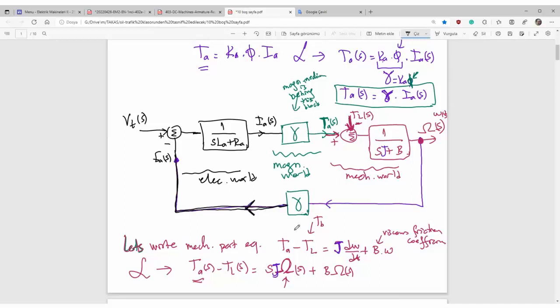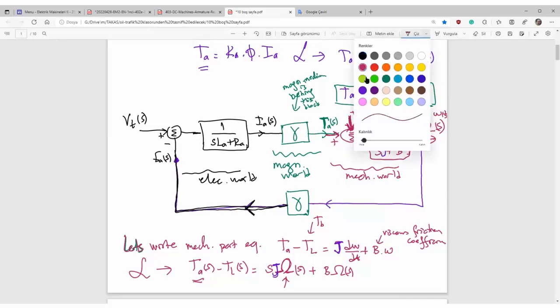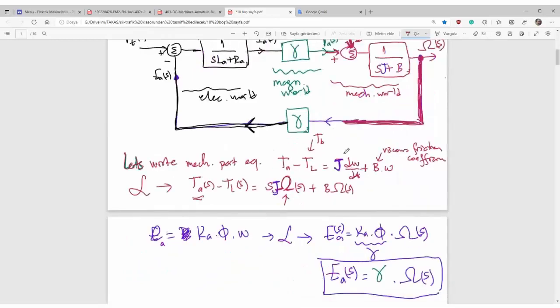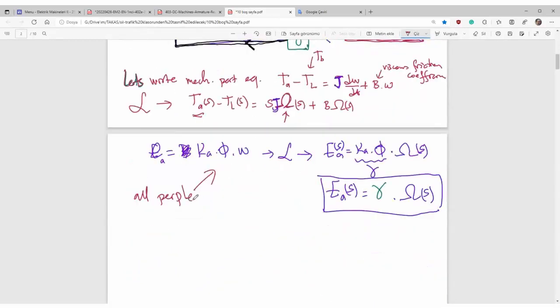Green ones come from the magnetic field, the magnetic world, and again dark red comes from the mechanical world. I have given here some purple, but all purple written texts belong to the mechanical world. Okay, that was the energy conversion.